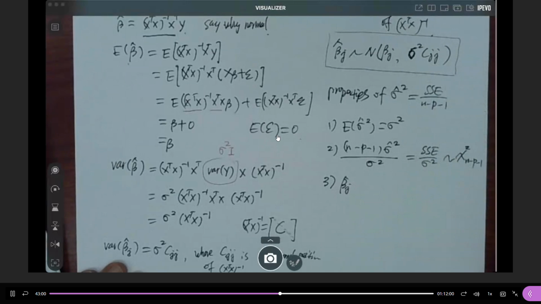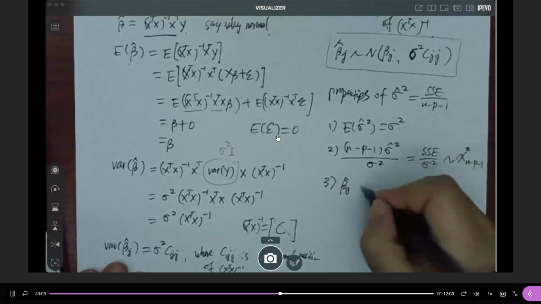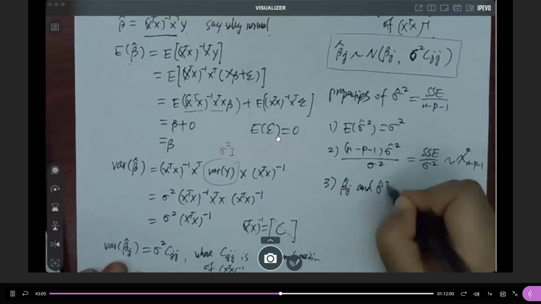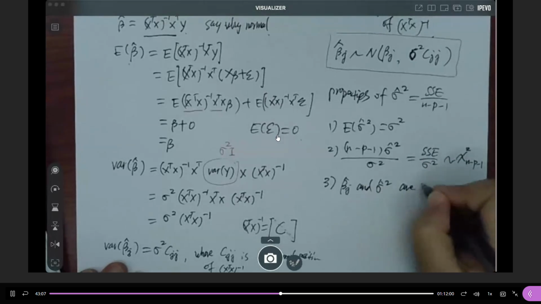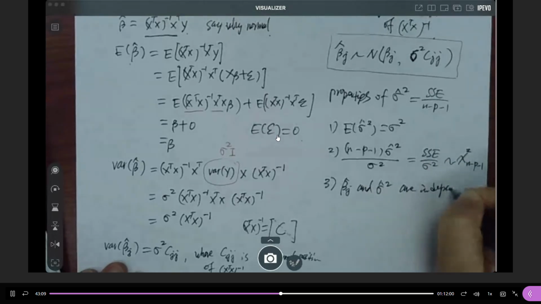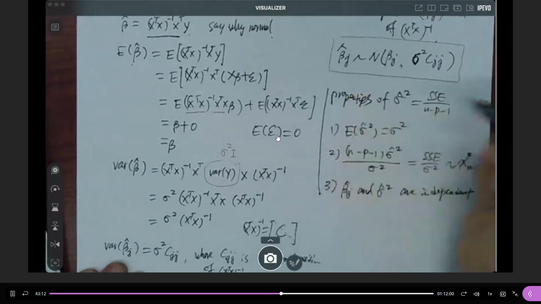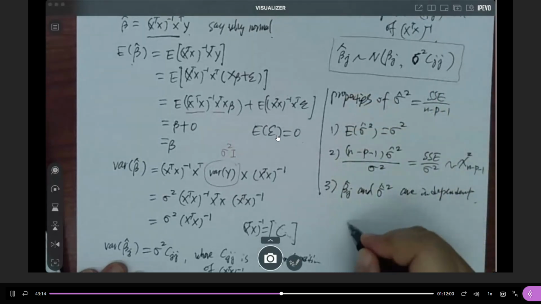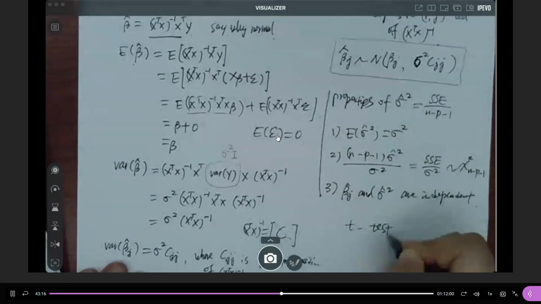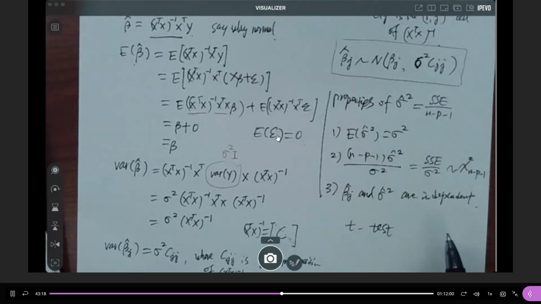And the third is also important. The beta j hat, whose distribution we just learned, and the sigma hat squared, these two are independent. All of these are the foundation we need in order to do a t-test. Remember I gave you the definition for the t-test earlier.